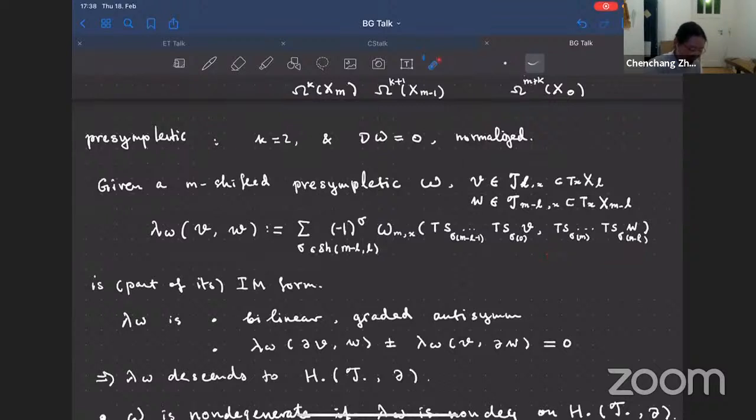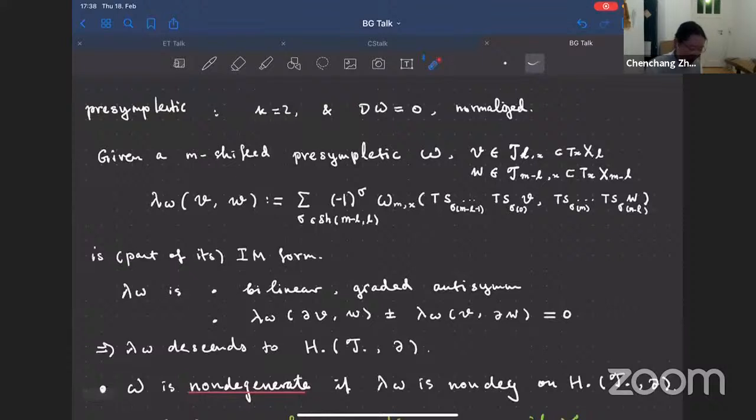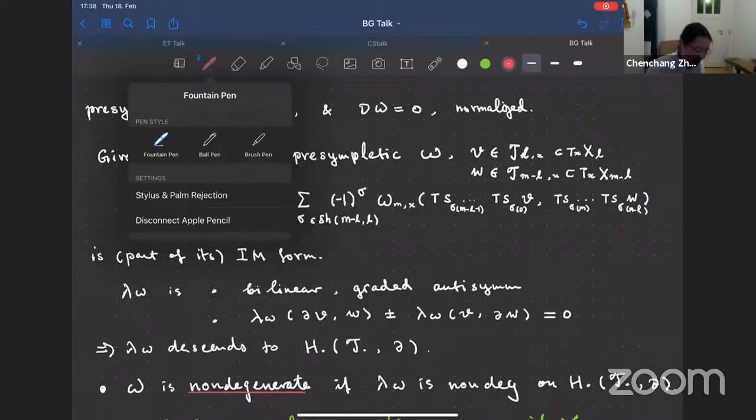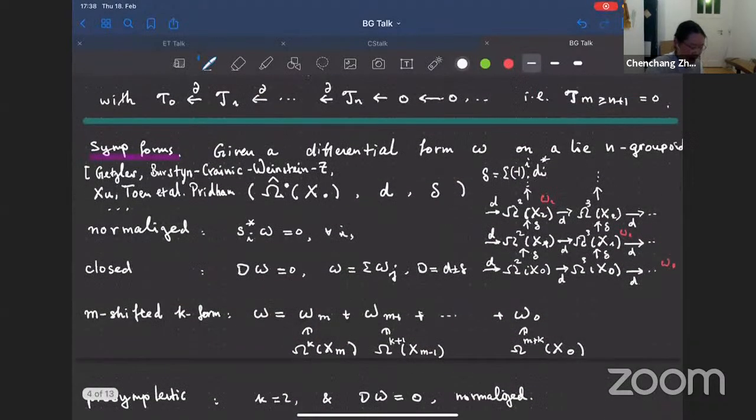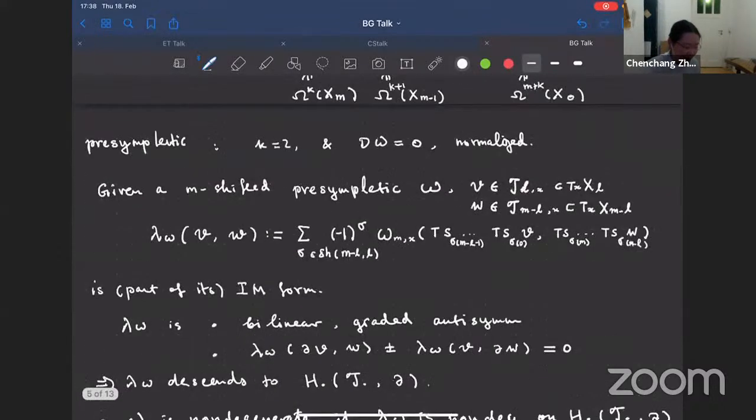And I think when m is one, it is exactly, at least a part of, the IM forms that appear a lot in Henrique and Marius's work, which was initially found, well, I guess we rewrote the article when I was a PhD student at Berkeley, with Alan, Henrique, and Marius.